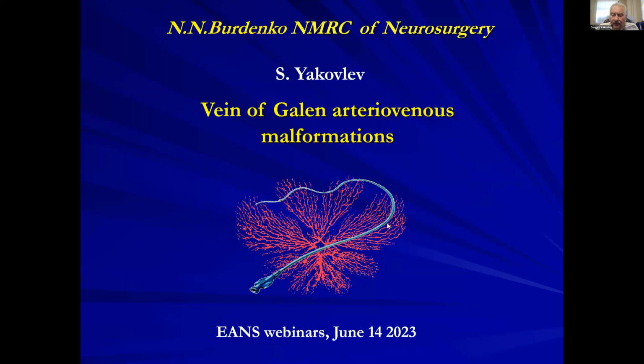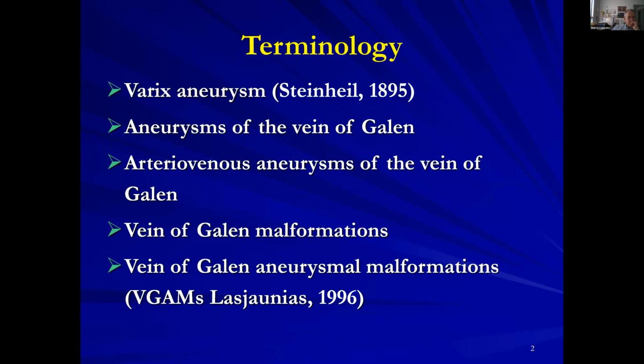Good afternoon, dear colleagues. I want to present our experience in treatment of vein of Galen arteriovenous malformation in our center. Different researchers used various terms for the description of this pathology.